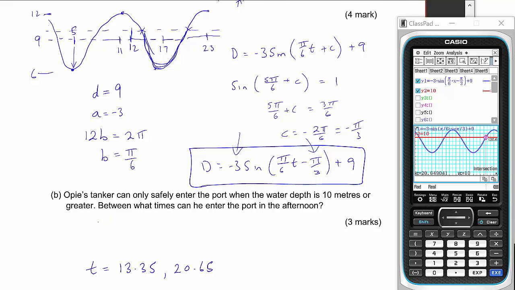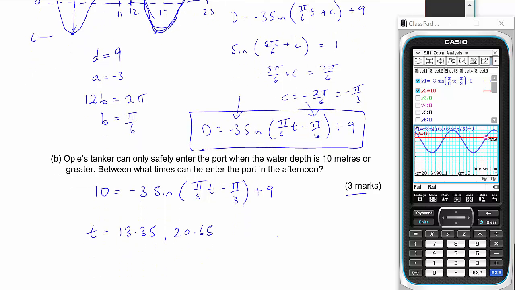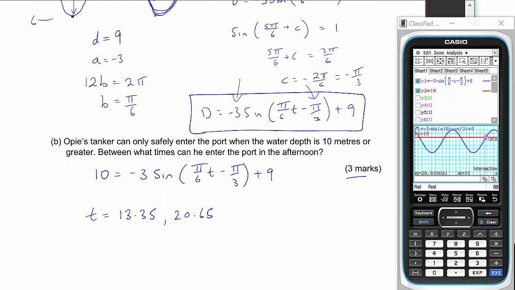Now I'm also going to just state the equation I'm solving. Remember, I've got 3 marks here, so I've got to not just write answers down. And then I'll just say CAS gives me that.